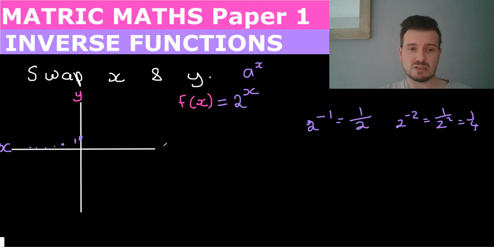So we actually have an asymptote, which is y equals 0. Let me do that in yellow. So this is our asymptote, y equals 0.